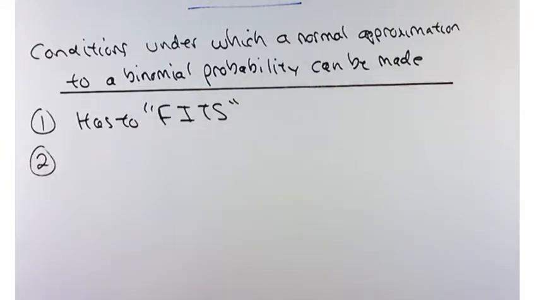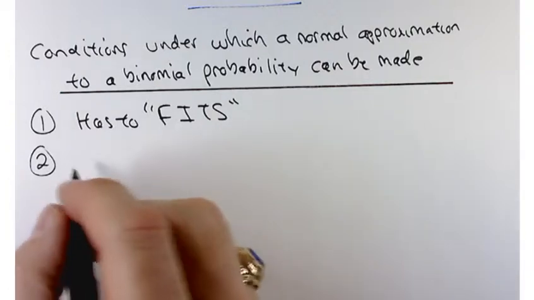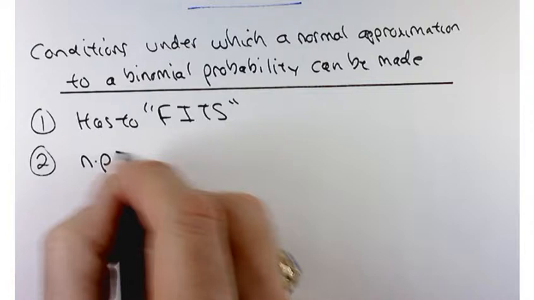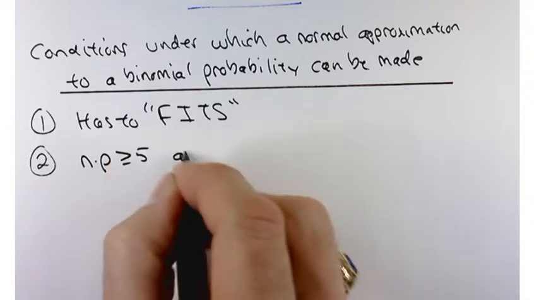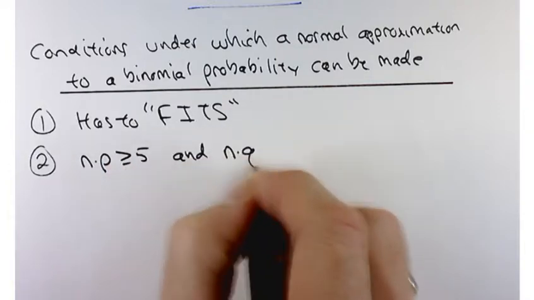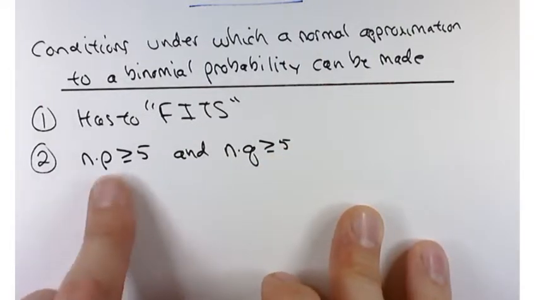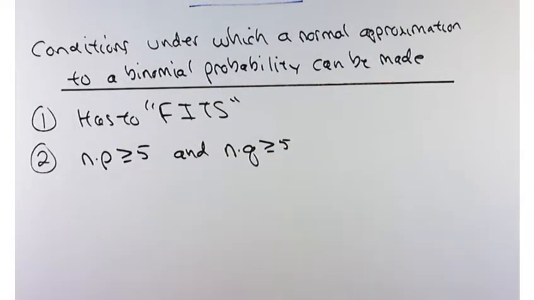Secondly, the curve that you're going to use, the normal curve, has to be a good enough fit to approximate these probabilities. And that means that n times p has to be greater than or equal to 5, and n times q also has to be greater than or equal to 5. So n times p is your expected value, the mean of this distribution.